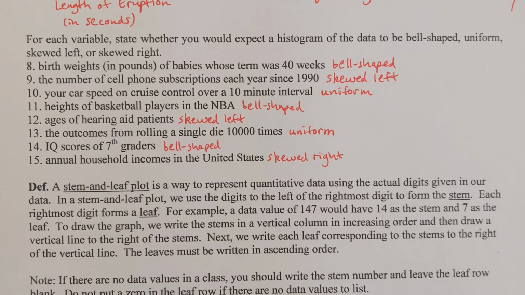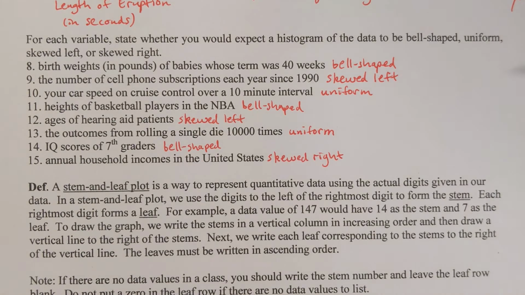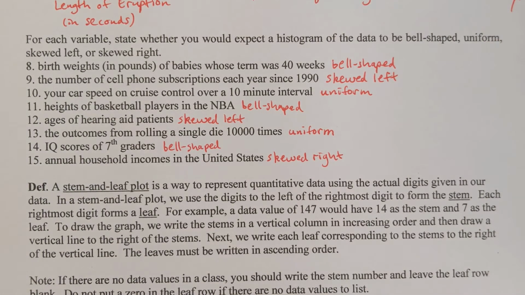By the way, I would call this bell-shaped because bell-shaped would be the best classification, meaning that the number of women who have a baby before 40 weeks is not drastically more or less than the number who have a baby after 40 weeks. It's roughly about the same, I'd say. So we're going to have a bump in the graph towards the center, around 40 weeks.